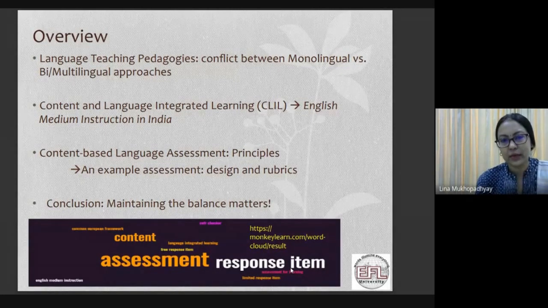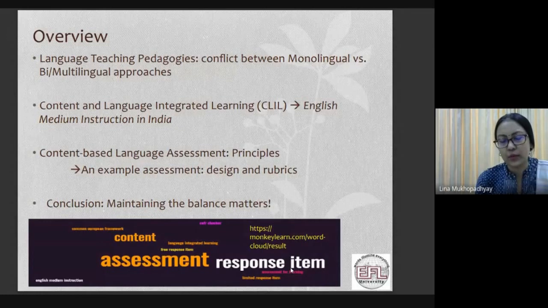And then in the second part of my presentation, I would be looking at the core concept of content-based language assessment, and what are some of the principles that we as teachers need to keep in mind, followed by an actual example of assessment, which I would draw from the Common European Framework of Reference, the current one.